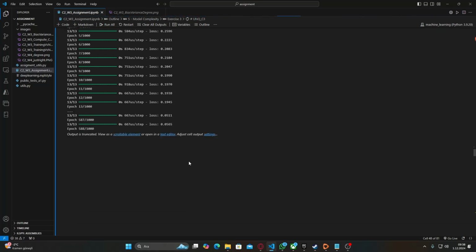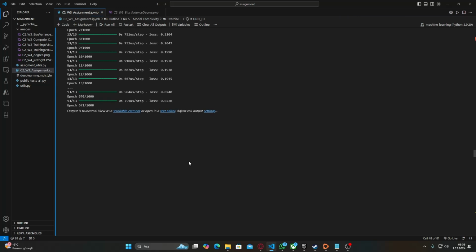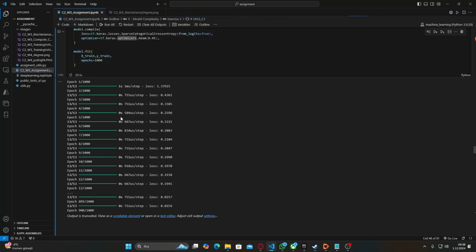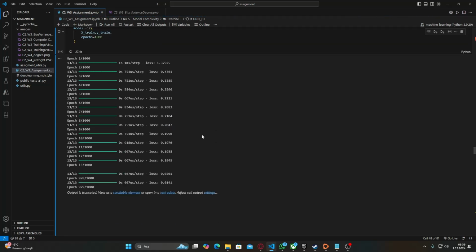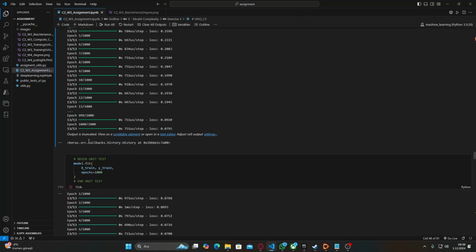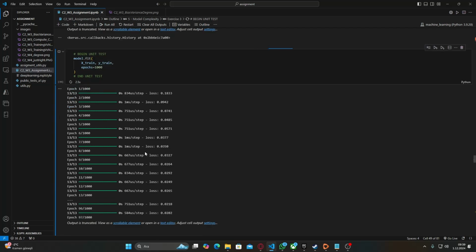So I will continue to explain the other ones. Let me see, is this going through? We have 13 epochs within the thousands. Yes, okay, it's run. Keras is already in here and beginning the fit. Let me see how much time it will take.